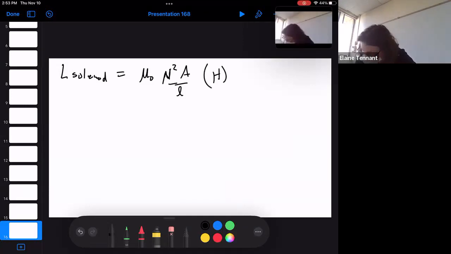Put that in Henrys. So now if I wanted to actually go order a solenoid that had a specific amount of Henrys to it, I would say make me something with so many turns with a cross sectional area of a quarter of a meter squared, 10 centimeters long, and I would be able to predict reliably what sort of inductance that would have.